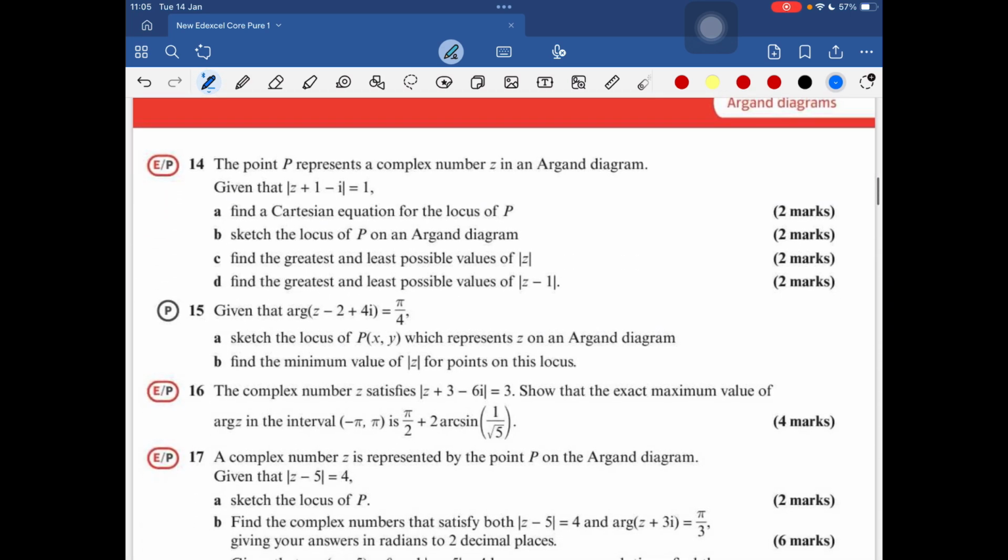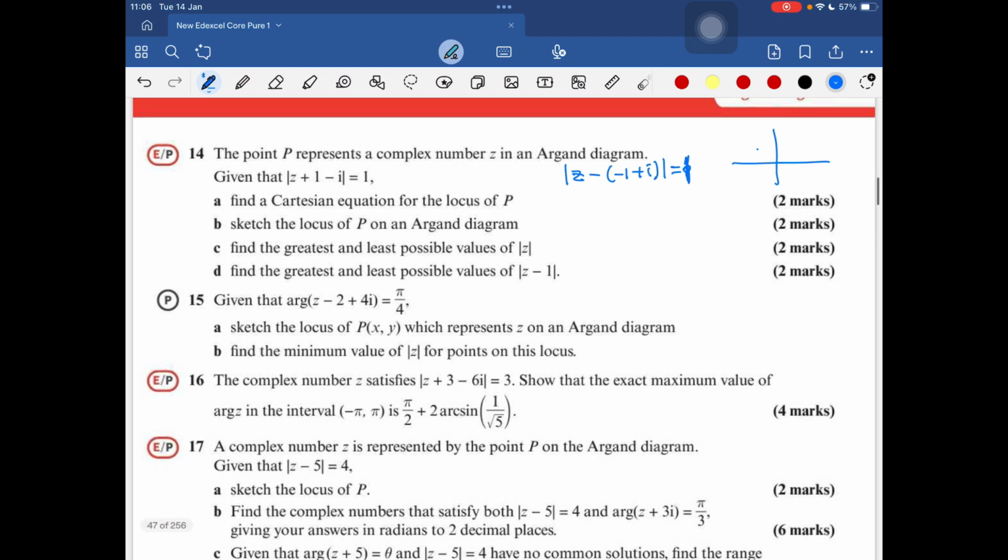And number 14, point P. So this one is z, when z is x comma y, x plus yi, negative 1 plus i. So from negative 1 comma 1, z has a distance of 1.